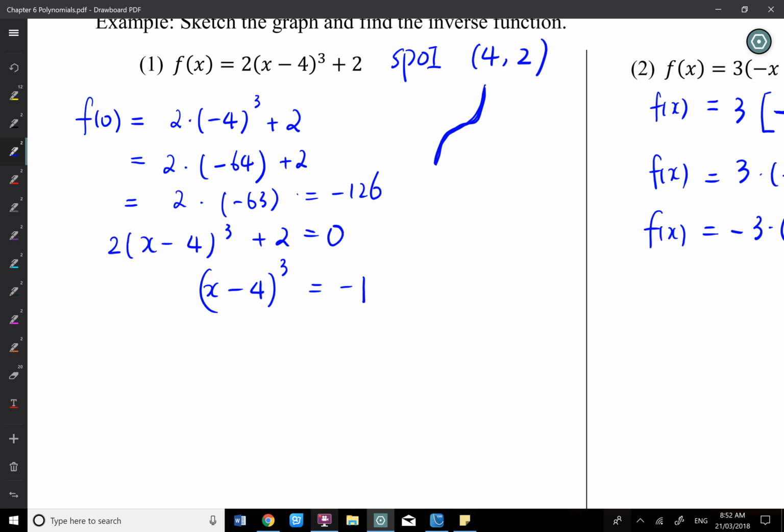I have marked all your papers, and there are so many answers that just leave the cube root of negative 1. You need to simplify it. That equals negative 1, because negative 1 times negative 1 times negative 1 gives you negative 1. So x minus 4 equals negative 1, and x equals 3.